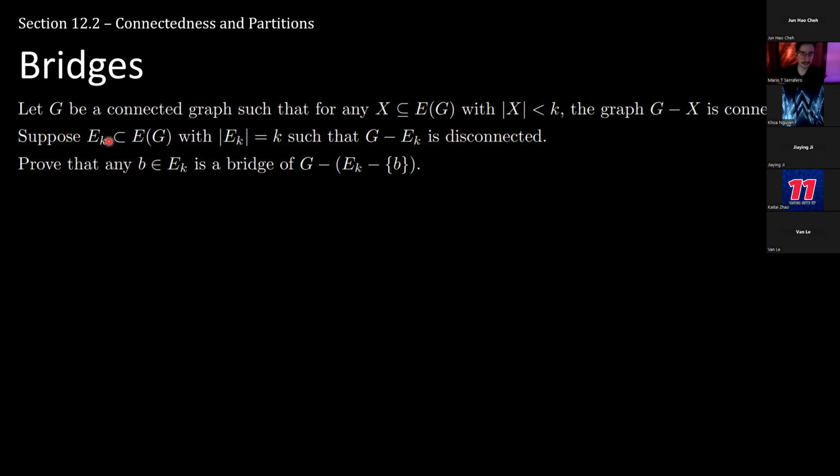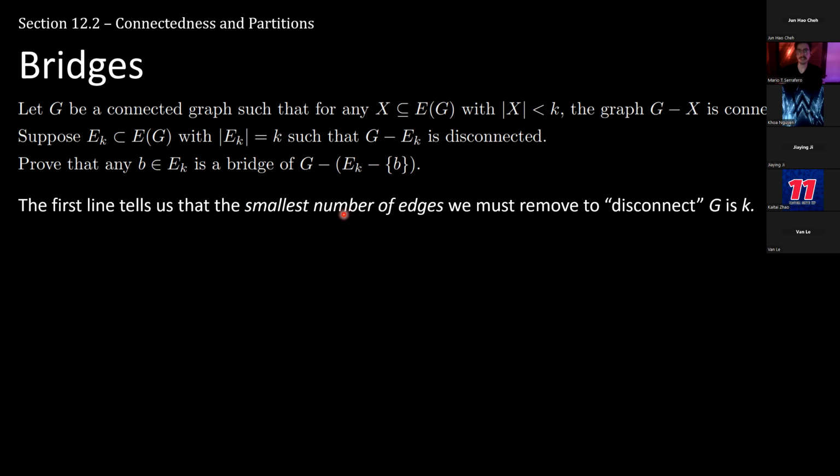Now suppose that E sub k is a set of k edges, so its cardinality is k, such that G minus E sub k, if I take out those edges from the graph, is a disconnected graph. Prove that for any edge v in E sub k, v is a bridge of G minus everything in E sub k except that edge.